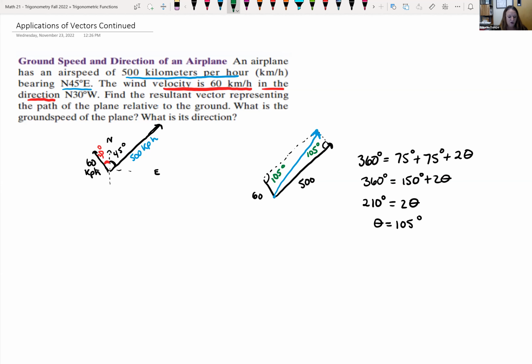So I know a couple lengths, and I know an angle between those two lengths. If I know an angle between two known lengths, we have our triangle.